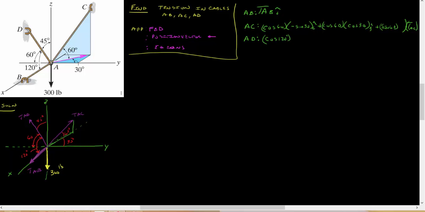So this is going to be a negative 60. So this is a negative cosine 60 in the j. And then we have a plus cosine 45 degrees in the k. And all of this is going to be multiplied by TAD, which would be 0.